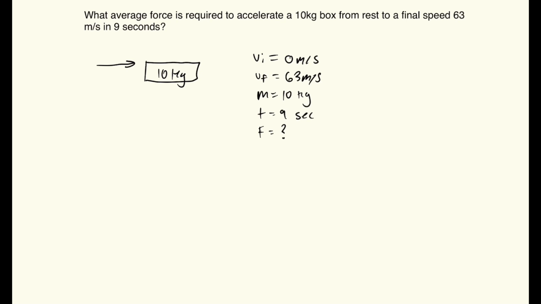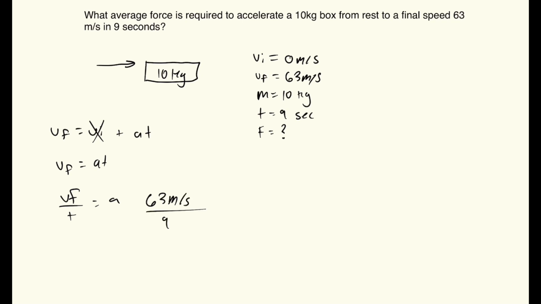And if you know your kinematics, Vf is equal to Vi plus At. Now since Vi is 0, we can cross that out and keep Vf is equal to At. And now we rearrange to isolate for A. Vf over t is equal to A. And then we plug it in, 63 meters per second over 9 is equal to 7 meters per second squared as our A value.